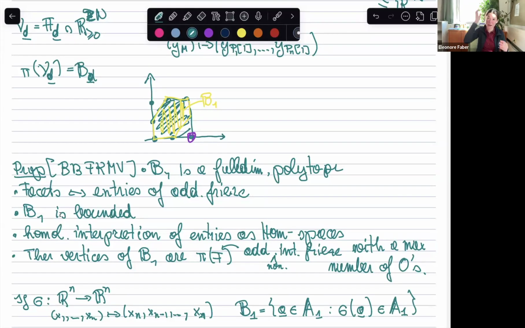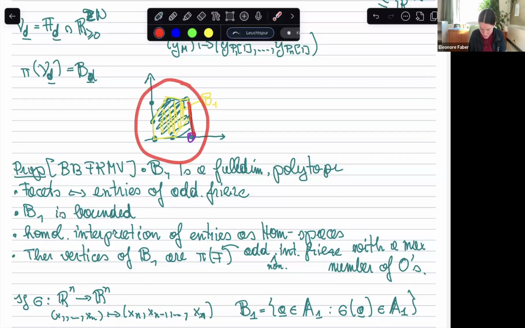And so somehow our polytope is a symmetrization of the associahedron, which you can see in the picture here. The associahedron is this one here. If we change coordinates at this point, we would land here. So it's not contained in the associahedron.